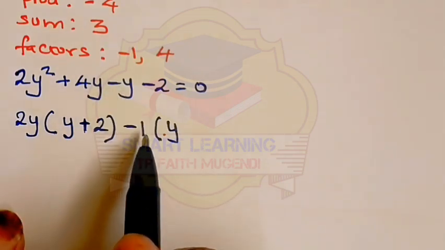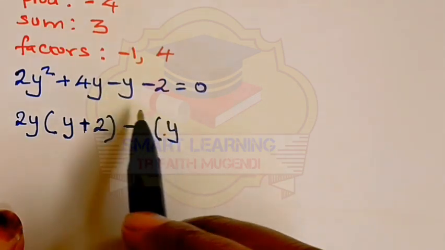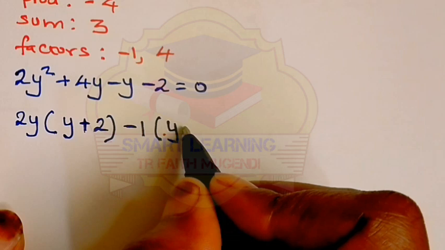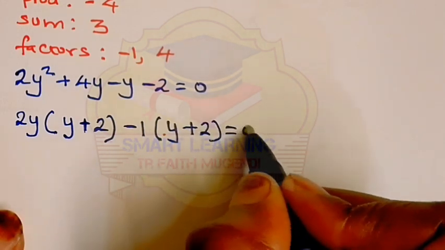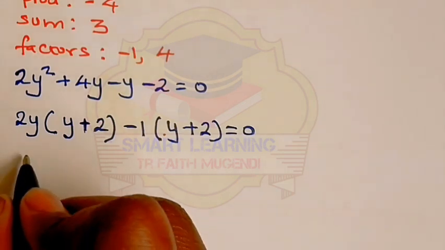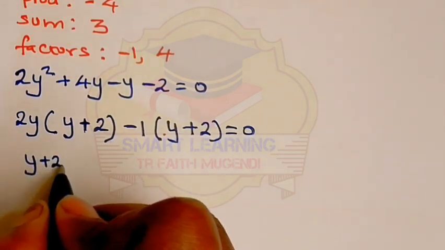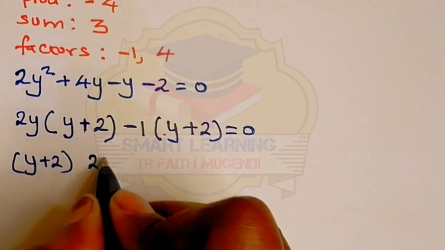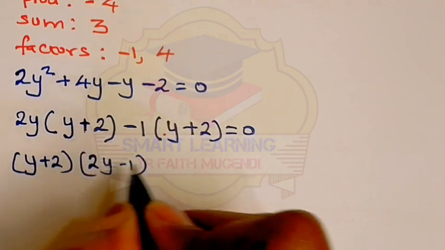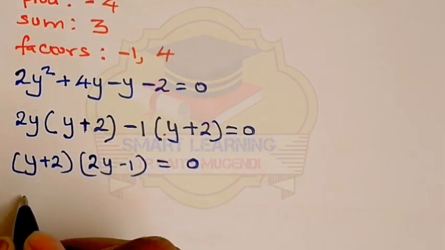Then we have minus 1 as common here, so that we are left with y plus 2 equals 0. What is common here is y plus 2 and 2y minus 1 is equivalent to 0.